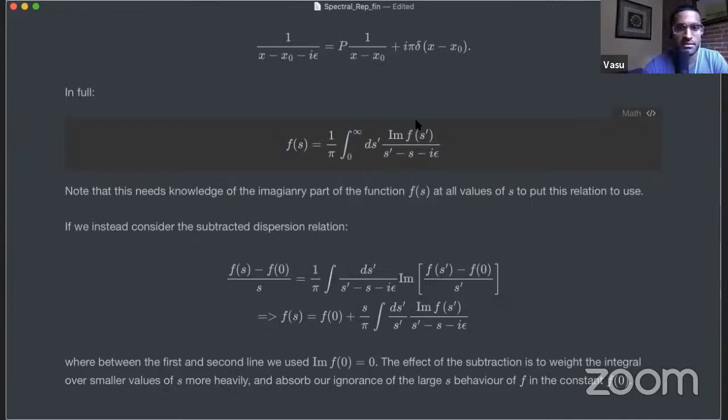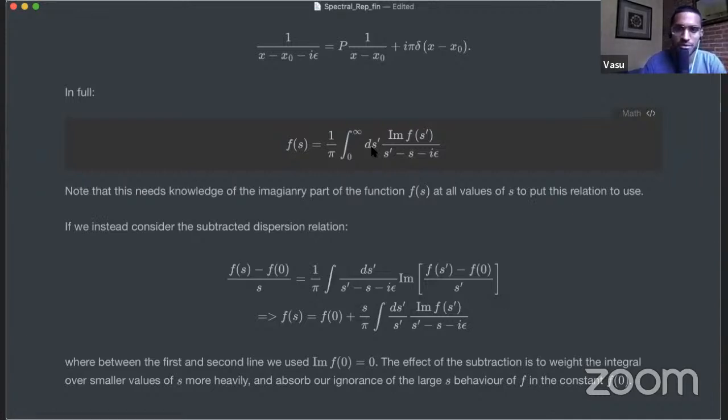And this is certainly a property of a function that's meromorphic. It has to be analytic in most of the complex s plane. I haven't yet told you what s is. In most cases, it's some energy variable, like a Mandelstam variable or something.